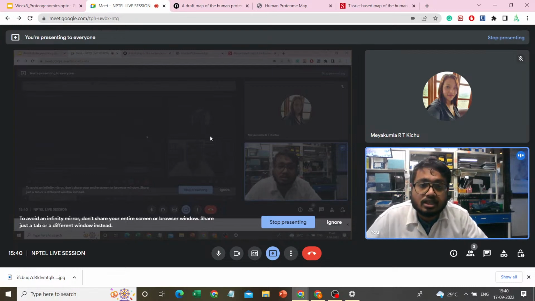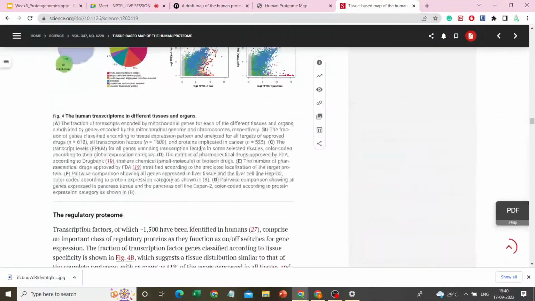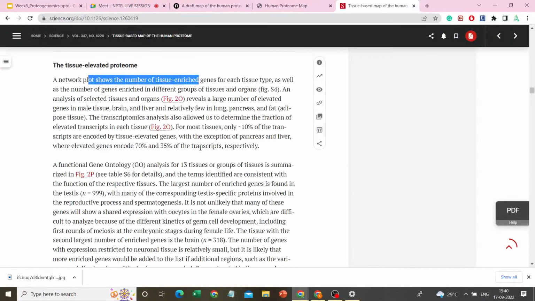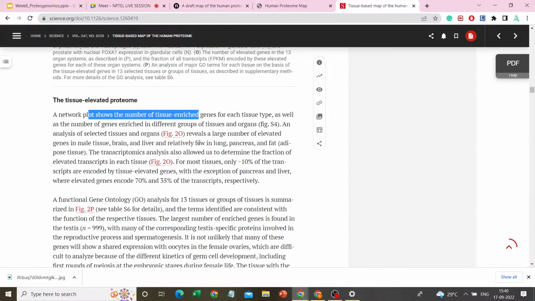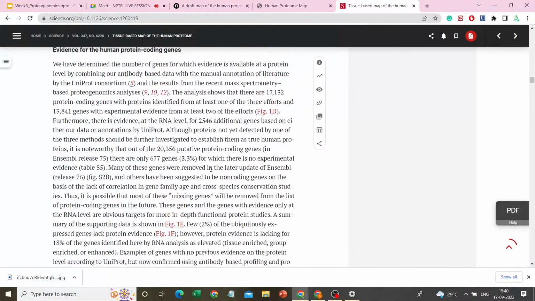These are the three different efforts that have taken place to identify the human proteins, the proteins of all the protein-coding genes.